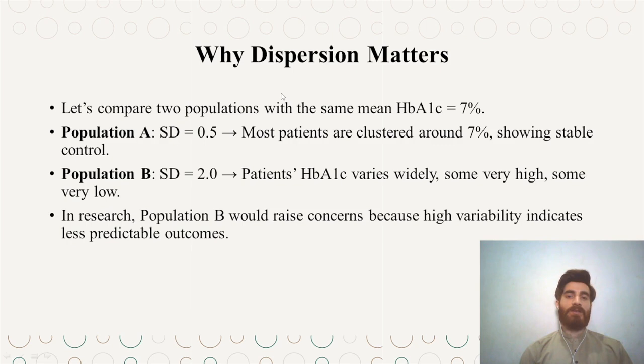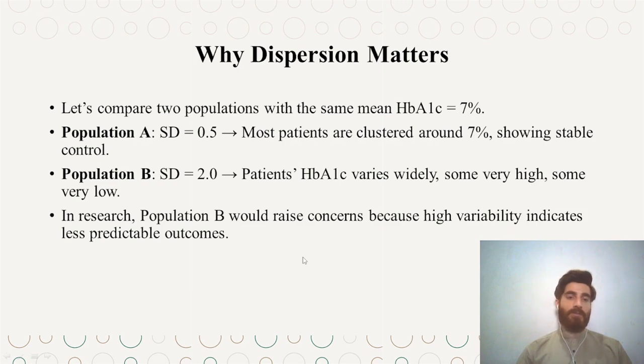Now, why does dispersion matter? Let us compare two populations with the same mean. In population A, HbA1c is 7% and the population standard deviation is 0.5. Most patients are clustered around 7%, showing stable control. As the standard deviation is less, the data will vary from 6.5 to 7.5.